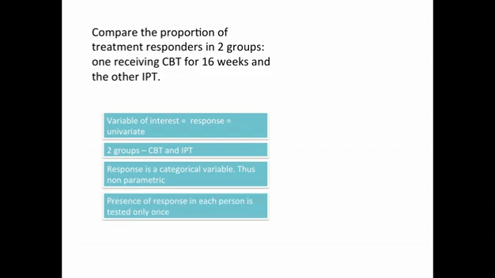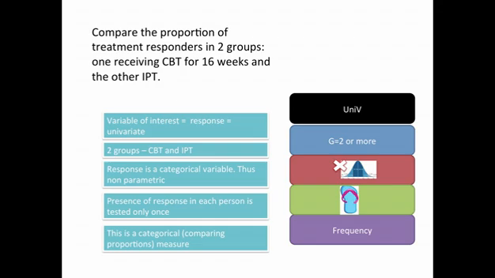Presence of response in each person is tested only once, so these are independent groups. This is a categorical measure because it's comparing proportions. The attached figure explains the answers for the 5 key questions. Univariate, group 2 or more, non-parametric, unpaired, and it's a frequency count. The answer is chi-square test.